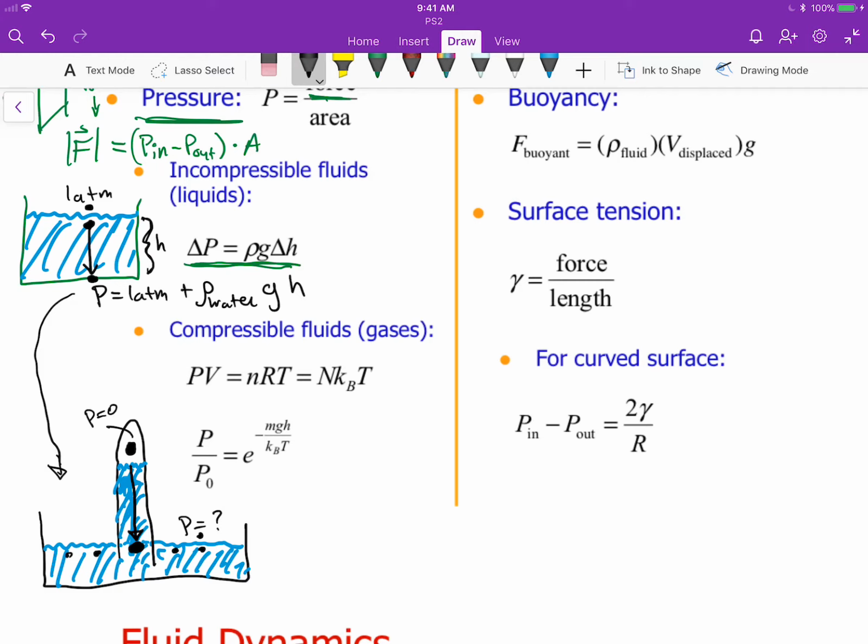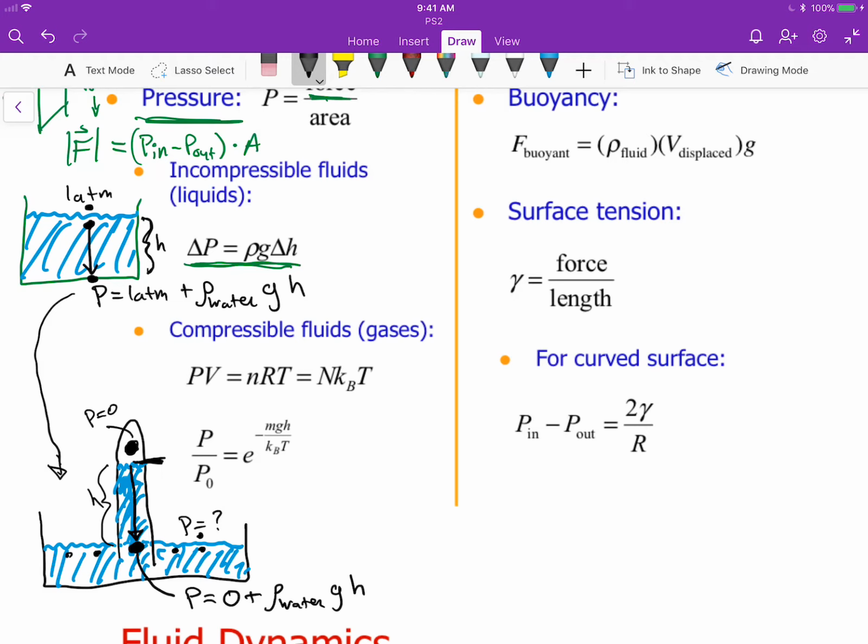If the pressure is 0 up here at the top of the tube, then going down to this point here, the pressure is equal to 0, where we started at the surface in the tube, plus rho of this water, g, and then h. So this is our h for this particular example.